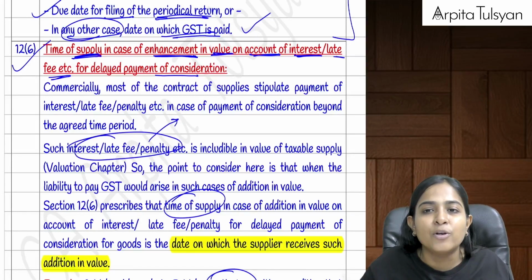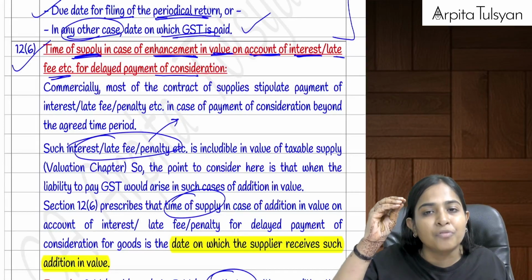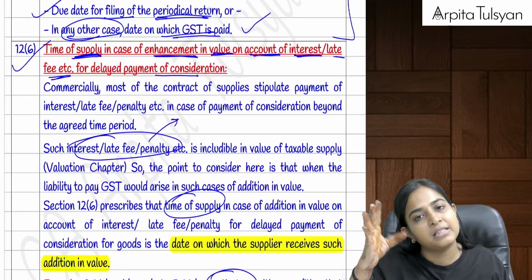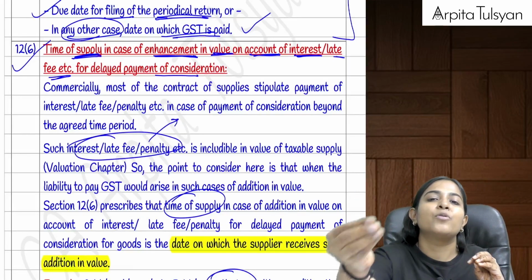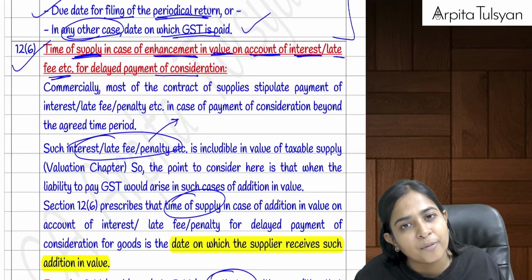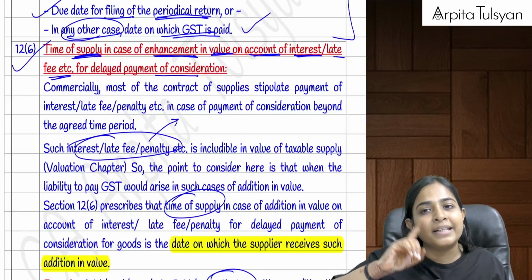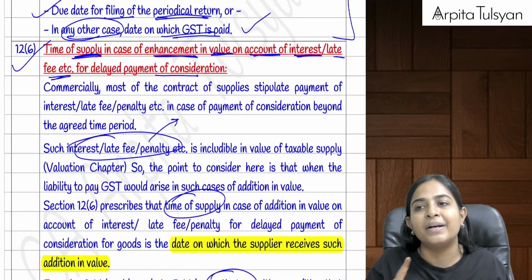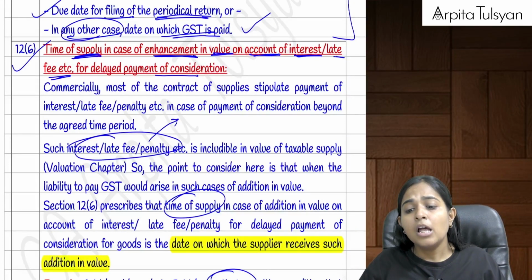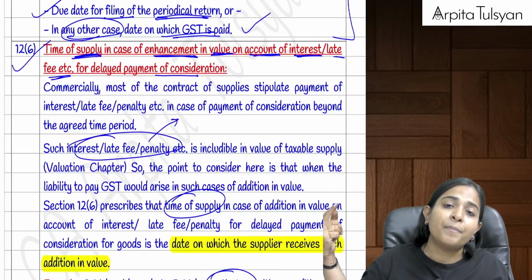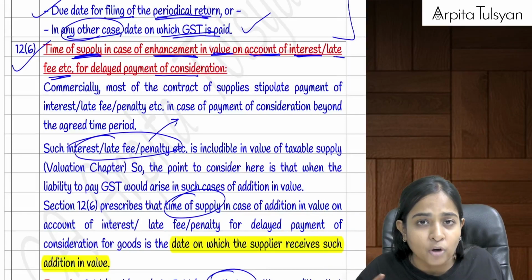Let's say I have supplied you goods worth 10,000 rupees, plus GST added at the rate of 18%. So can I say I am required to receive 11,800 rupees from you? I told you that if you delay the payment beyond a period of 1 month, you are required to pay me 5,000 rupees extra. So you gave me 5,000 rupees extra also after a month or so.